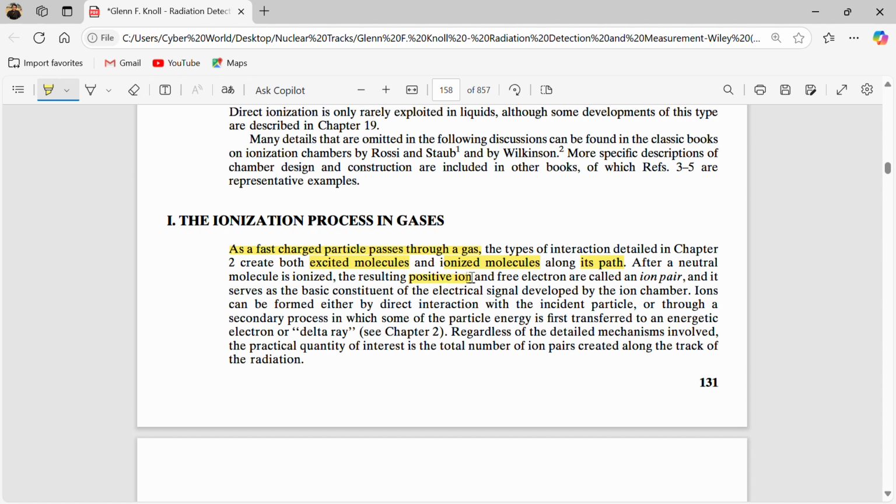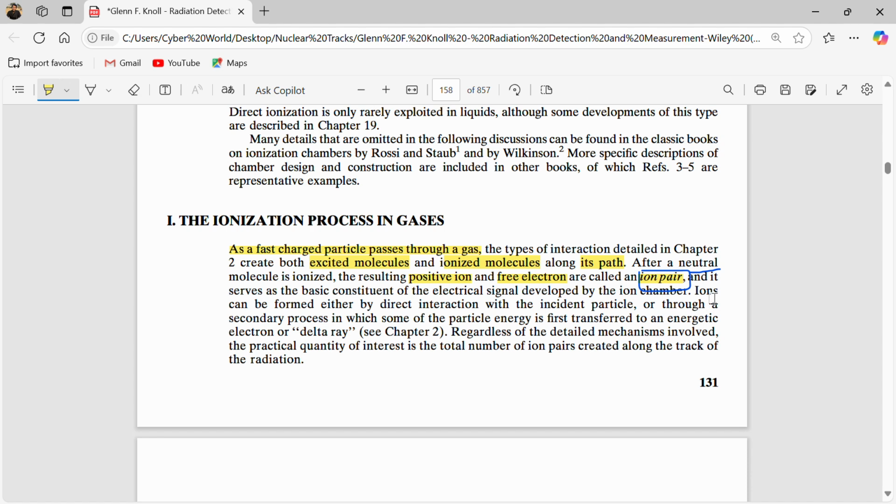If we get a positive ion, we definitely get a negative one, the free electron, and this combination is called an ion pair. Understood? Okay, now move on.